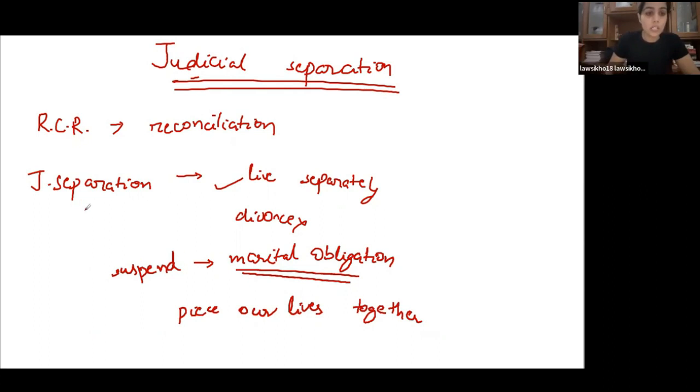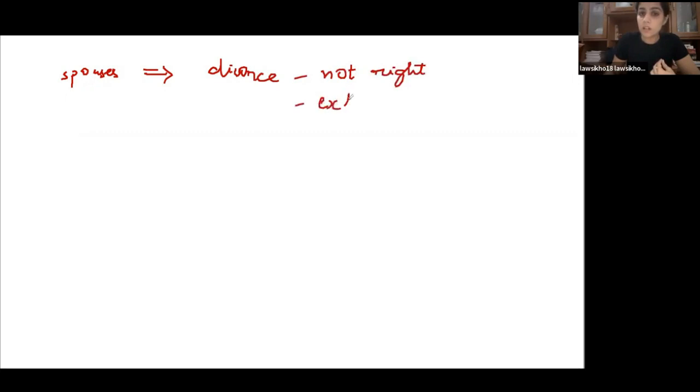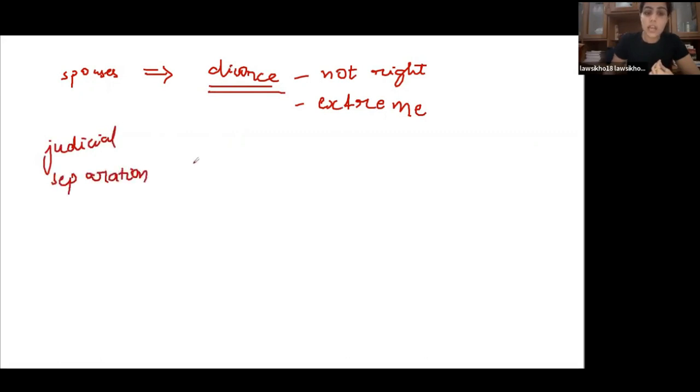Okay, so in a decree of judicial separation, the spouses approach the court and say that we regard divorce as not right, a very extreme step that can be taken. Before resorting to divorce, you grant us a decree of judicial separation. For this particular time, we will live separately.